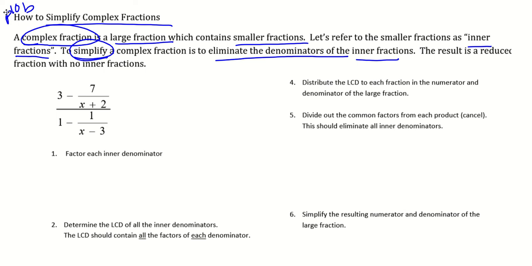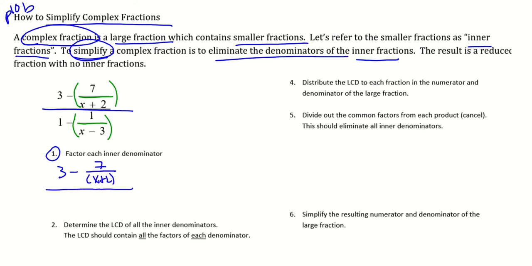So, the key to fractions is always factoring, and our first step is to factor each inner denominator. So I'm going to take my fraction. This is my big fraction bar, and inside of it I have two smaller fractions, one here and then one here. So I'm going to rewrite this, and I have 3 minus 7 over x plus 2, which is prime.